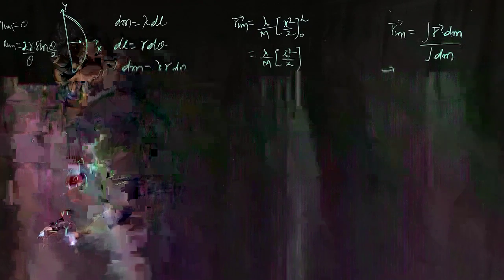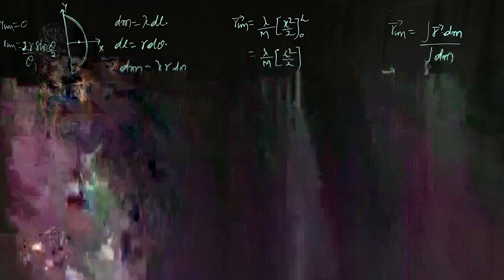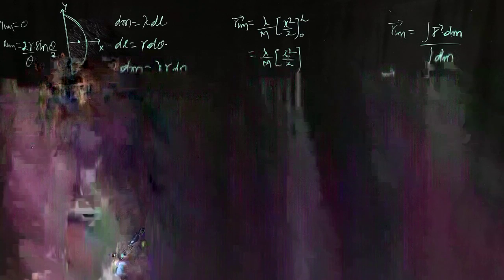Therefore, x center of mass is x dash cos 45, that is x dash cos pi divided by 4. We got x dash as 2 root 2 r divided by pi, into cos 45, which is again 1 by root 2. So root 2 gets cancelled, and you get x center of mass equal to 2r divided by pi.